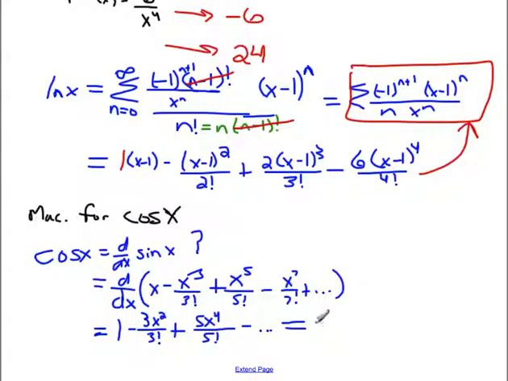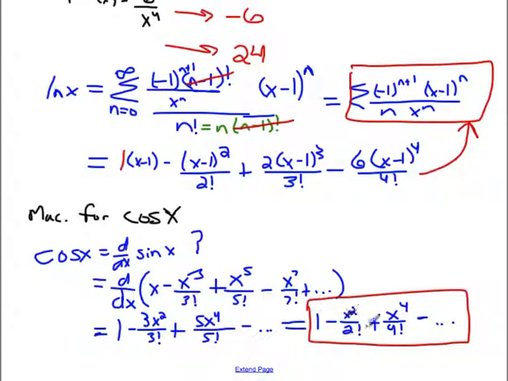But you can see that this would simplify to 1 minus x squared, and the 3 over 3 factorial would cancel to become 2 factorial, right? And then the 5 over 5 factorial would be 4 factorial on the bottom after you cancel. So you can see that that is basically an expanded form of the Taylor series for cosine of x, and then you could try to go ahead and take that into this expression up here, which let's just do that.